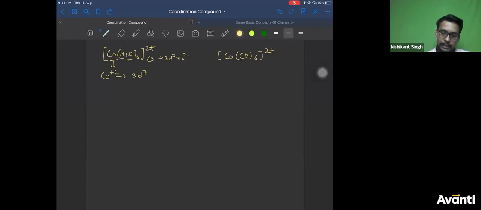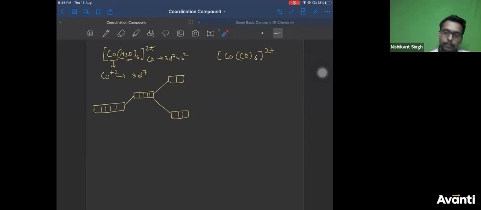Now I want to fill these 3d7 electrons. This is your d orbital, with increasing energy: this is your T2G, this is Eg, and this is your T2G. Now we have to fill 7 electrons. Water is a weak field ligand, so delta O is low, which means the energy gap is low.